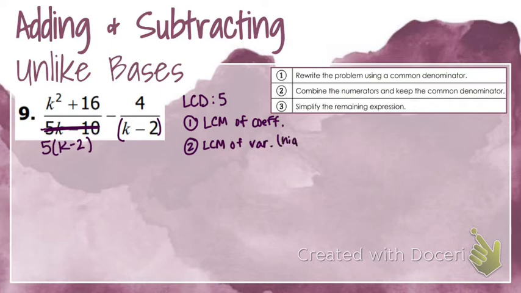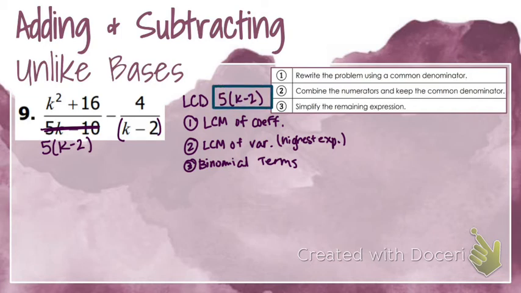And we do that by choosing the highest exponent. And we don't have any variables by themselves, but then we do the binomial terms. And in this one, we have k minus 2 in common. So it has to be part of the LCD. All right, so this is our least common denominator.